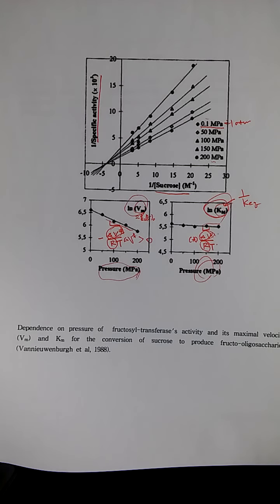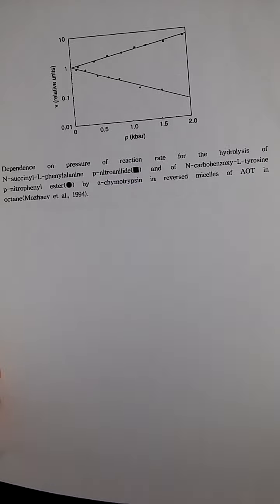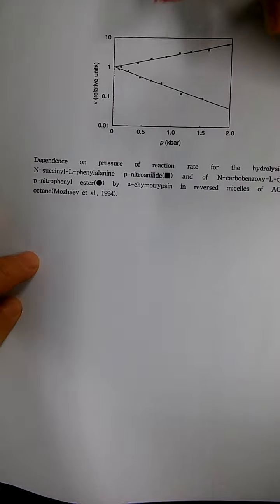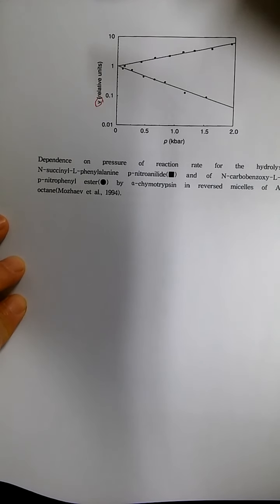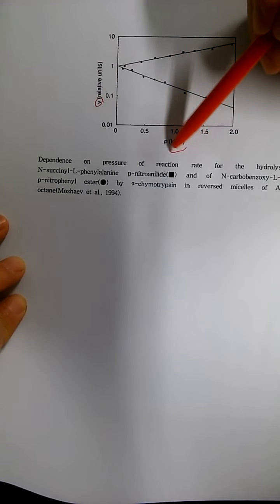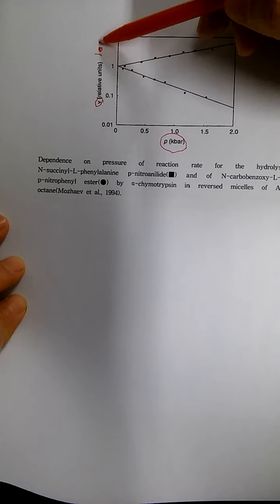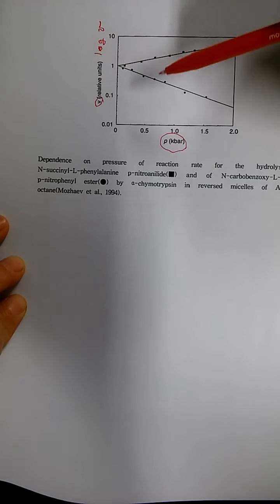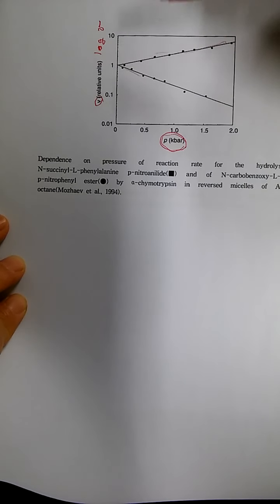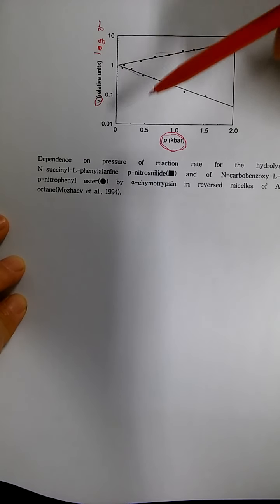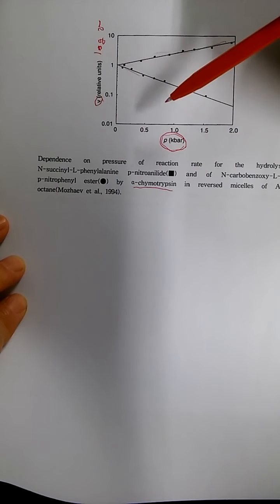And we have another example where the velocity of the enzymatic reaction is measured at different pressure values, and if we plot log V, which is actually the log of the reaction rate, as a function of pressure P, then we have two straight lines, and these lines are for different substrates for the enzyme alpha chymotrypsin.